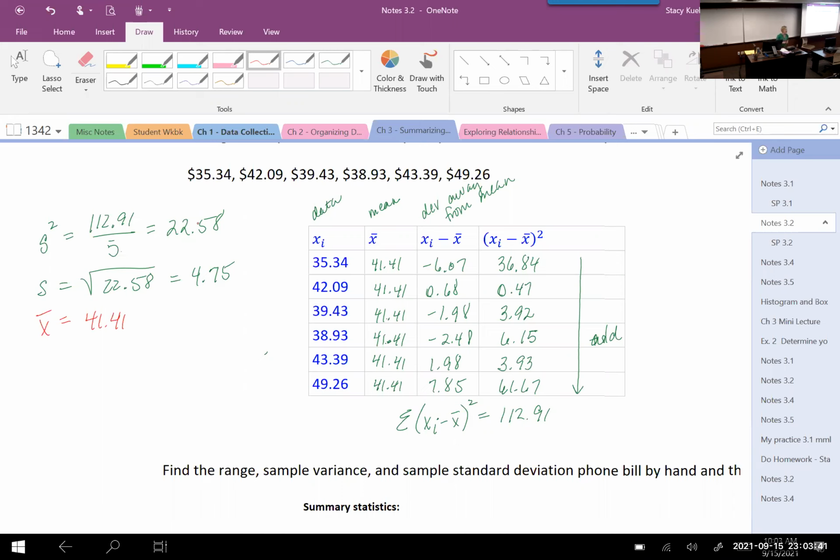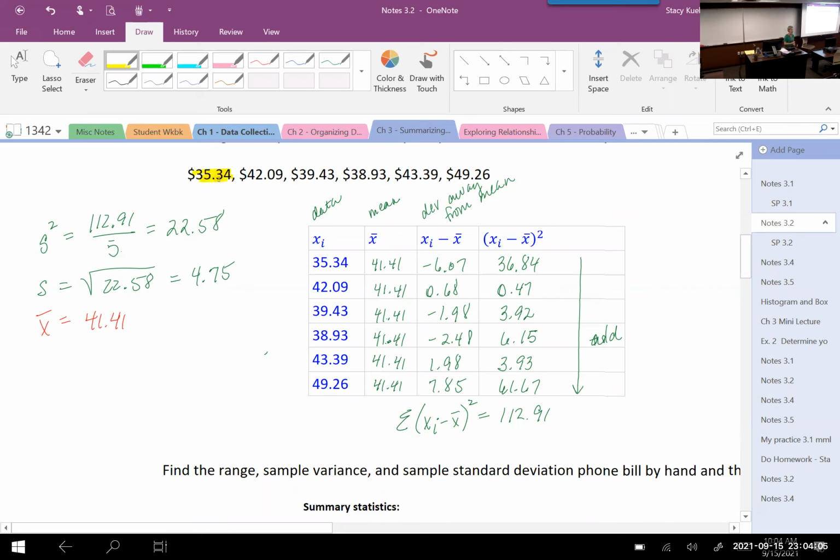But now how do I find the range of this data set? How do you find it? We need to come to our list of data points and determine which is the smallest number, which happens to be what, 35, 34? I'm looking at that, right?